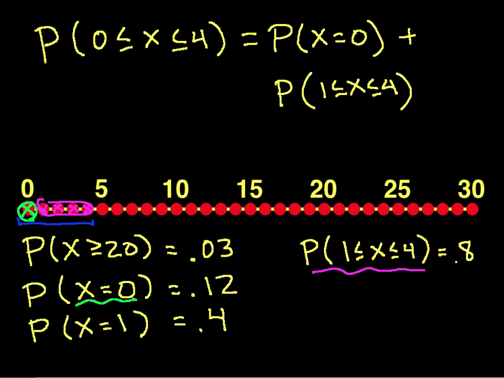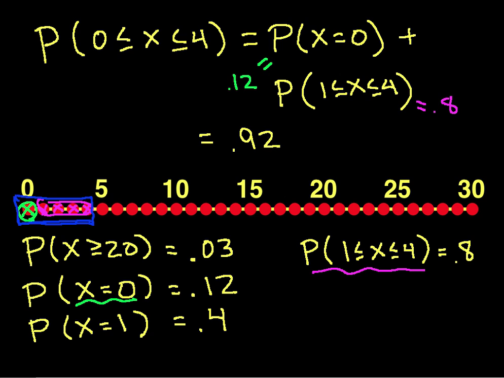The probability that X is 0 is 0.12. The probability that X is between 1 and 4 is 0.8. And so the probability that I'm looking to compute is 0.92. So that basically says, again, that the probability that X falls in this region is 0.92.